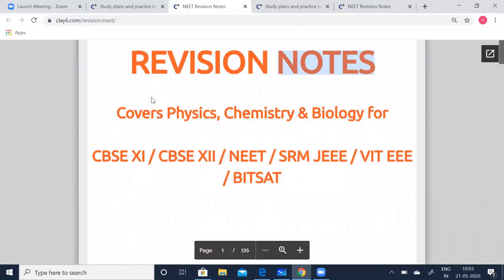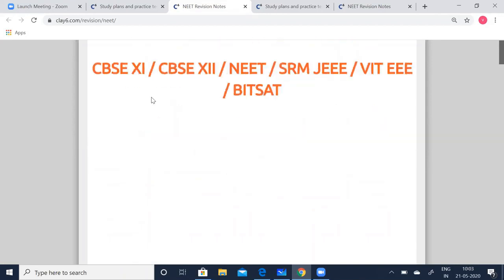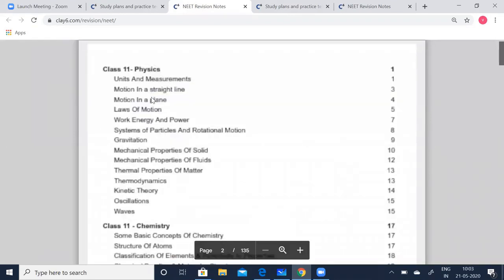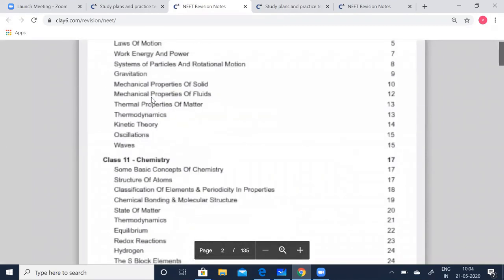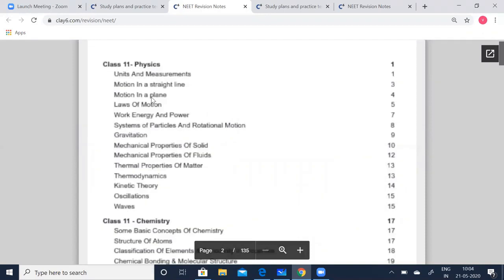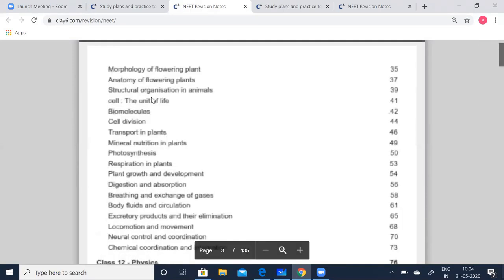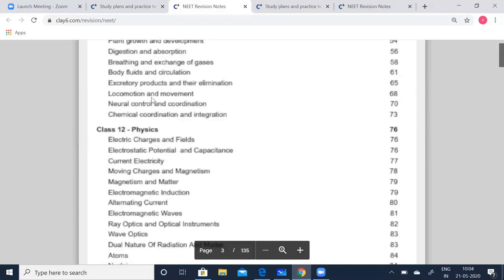Revision notes are basically the important formulas and important tips and things which you should know to crack the NEET exams. So we have done it for all the three subjects, physics, chemistry and biology, for both 11th and 12th standard, for all the topics.